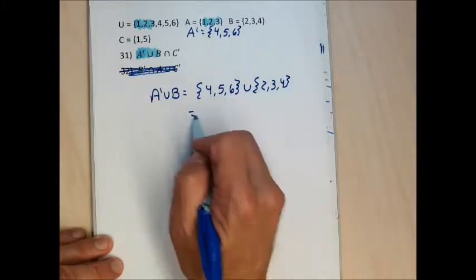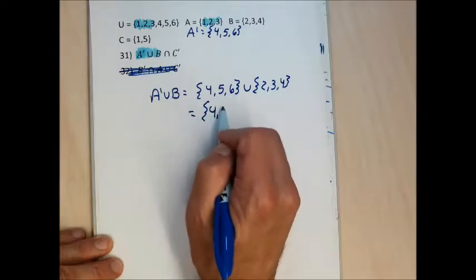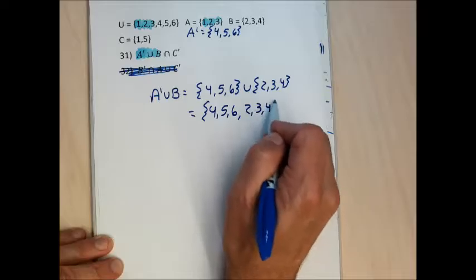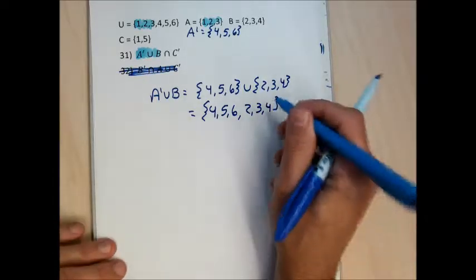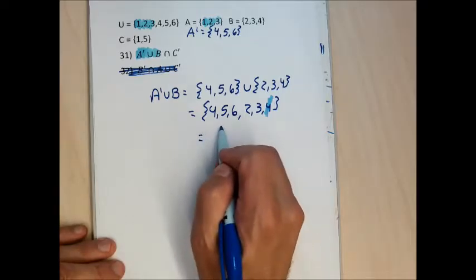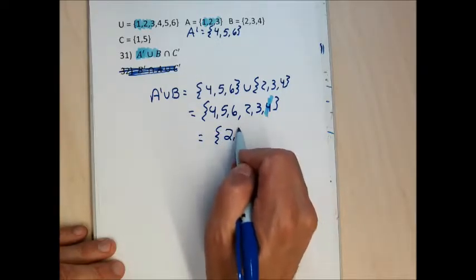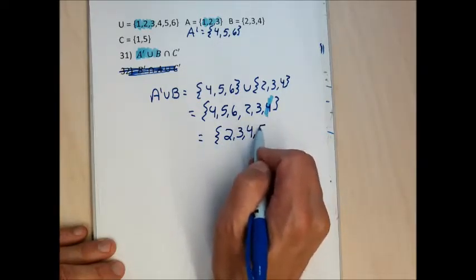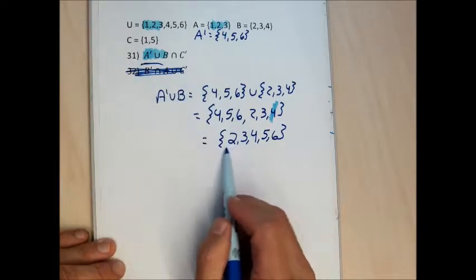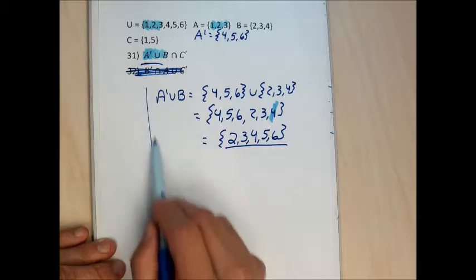And of course, when I union two sets, I take every element in the first set, followed by every element in the second set. If any element's written twice, I cross out one of them, only leave it written once, and then I like to write the numbers in a nice order, or the letters in alphabetical order. So the A complement union B part of this is going to be that set 2, 3, 4, 5, and 6.